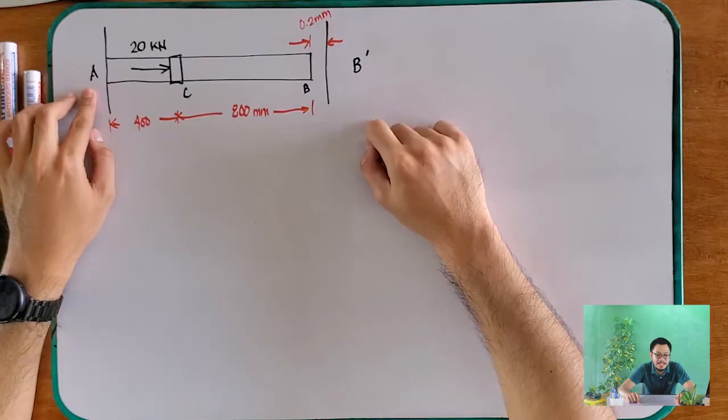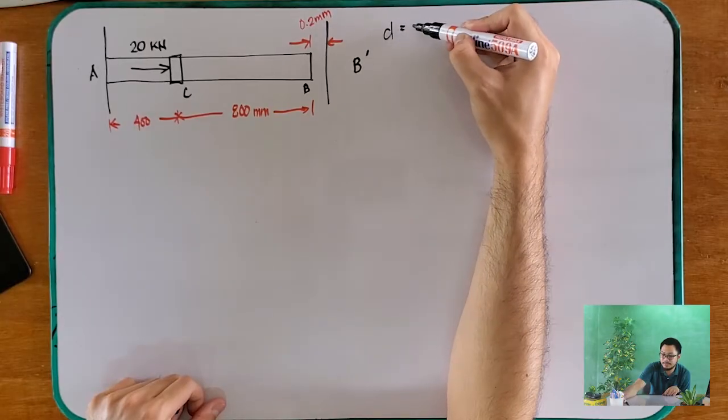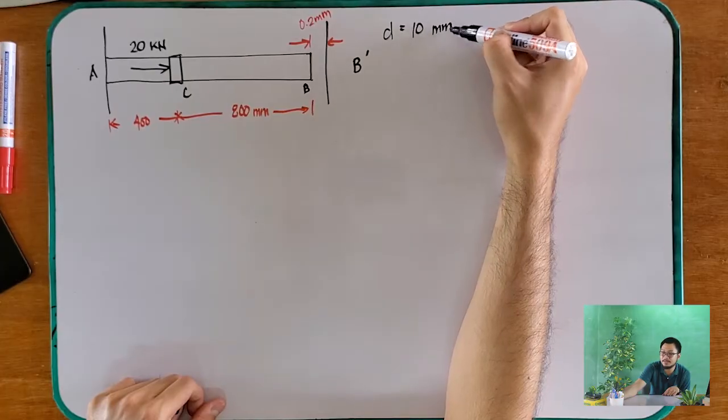And the question is, what are the reactions at point A and B prime? So, what are the forces diri sa atong A o sa atong B prime? After ni, sangko na diri sa atong wall. After sa pag-apply sa atong 20 kilonewton nga force. Okay? And it is given here nga ang atong steel rod has a diameter of 10 millimeters.